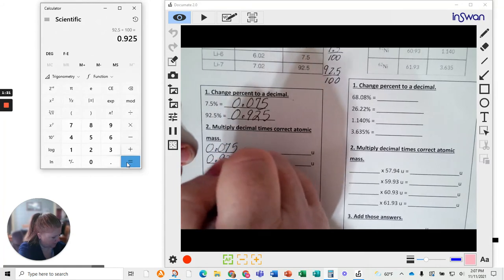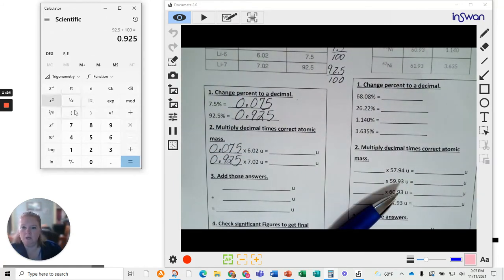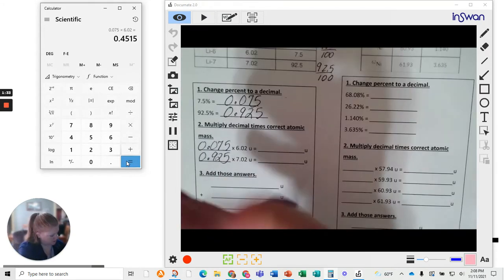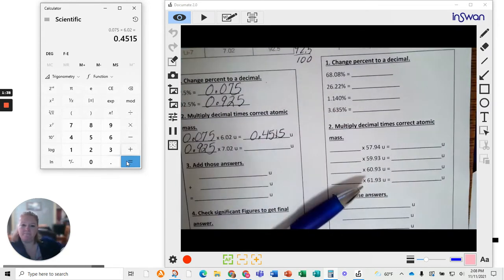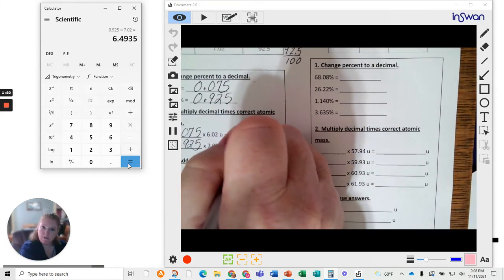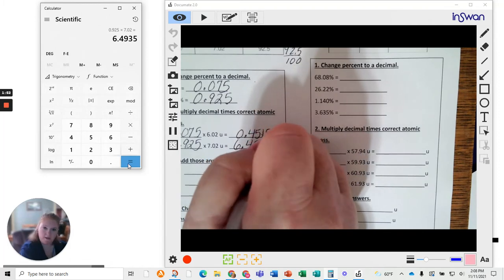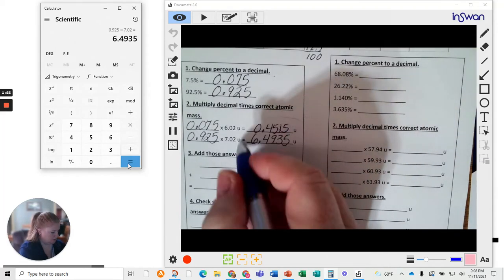Okay, so I got to multiply those out. 0.075 times 6.02 is 0.4515, and then 0.925 times 7.02 equals 6.4935.